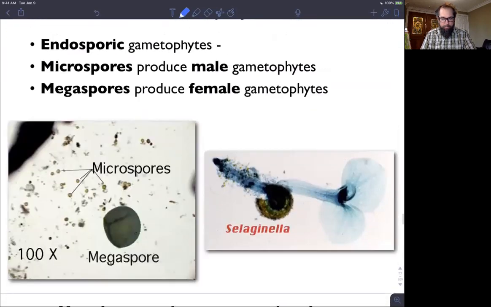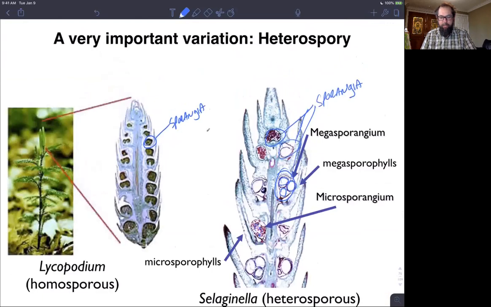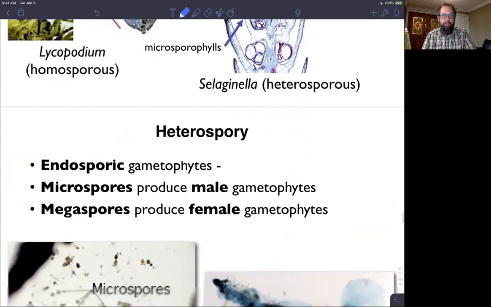Heterospory, I emphasize this here because we see this evolve again in seed plants. And so we see this in some of the lycophytes and in the seed plants.